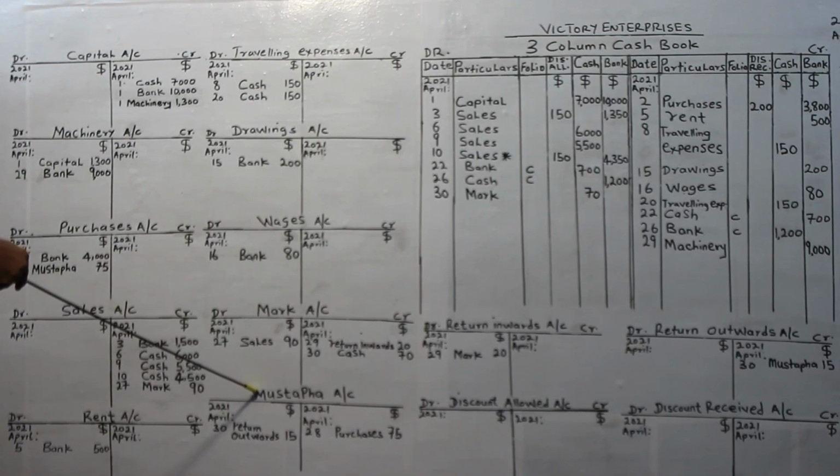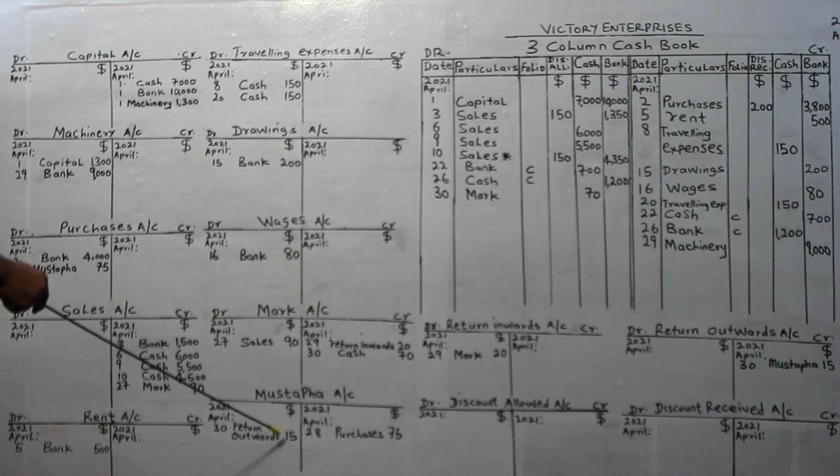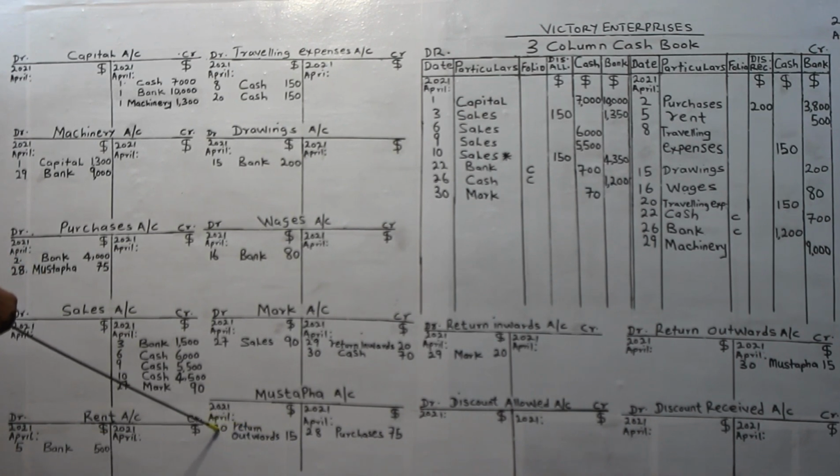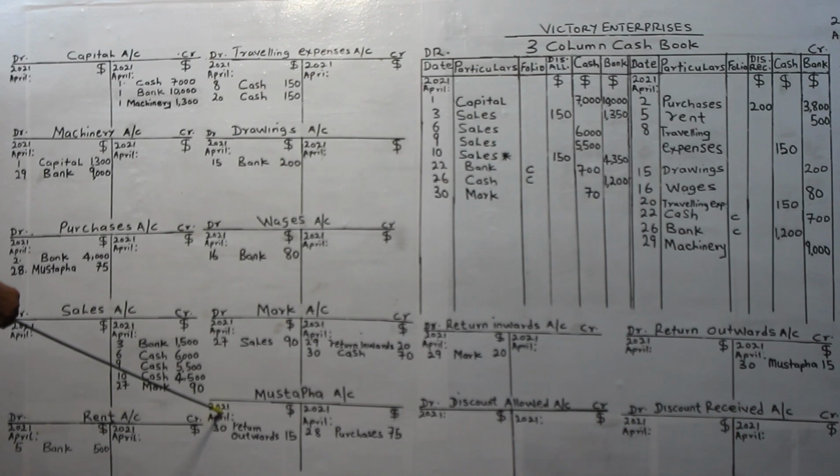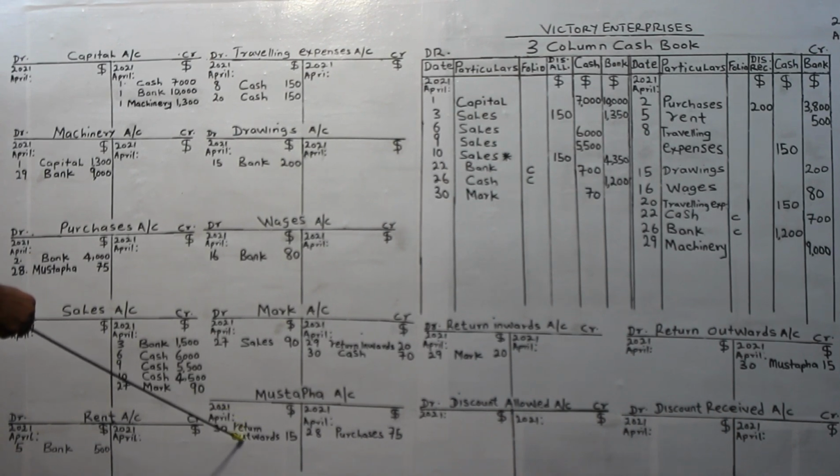Mustafa's account is now debited with $15 goods received on 30th April 2021 from returns outwards.